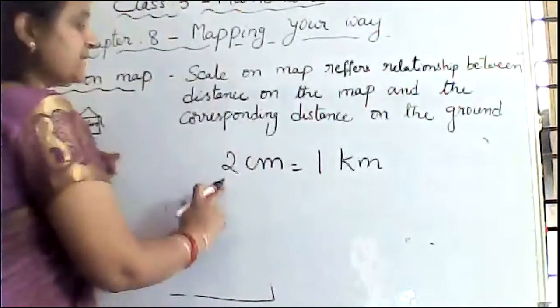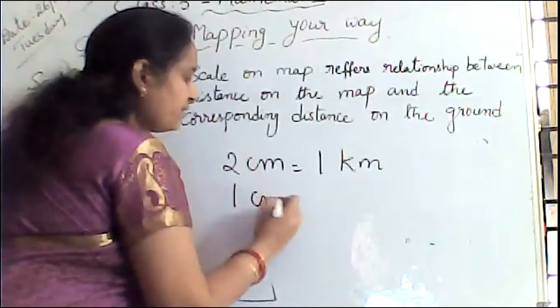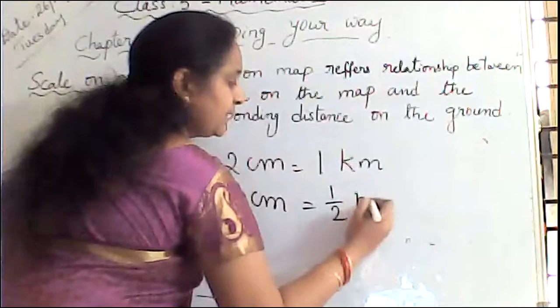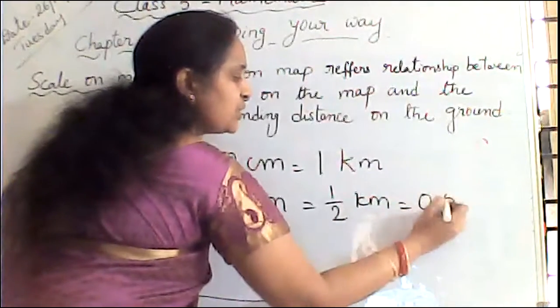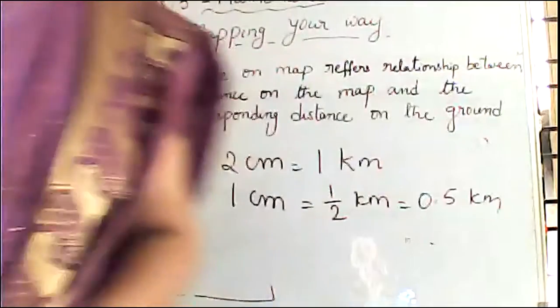Here we know that 2 centimeters is equal to 1 kilometer. Then 1 centimeter will become half kilometer. Half kilometer means 0.5 kilometers.